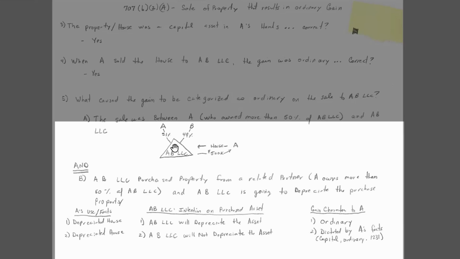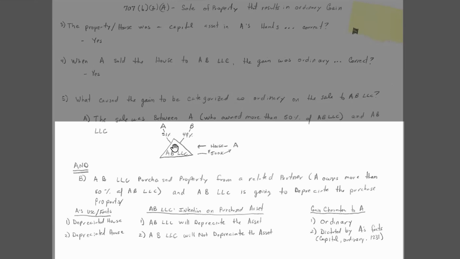That's more my point. Okay, so this goes back to what lens are we using to diagnose the character? Does A's use matter in the analysis? Bottom left. No. But if AB depreciates it, then it's ordinary.